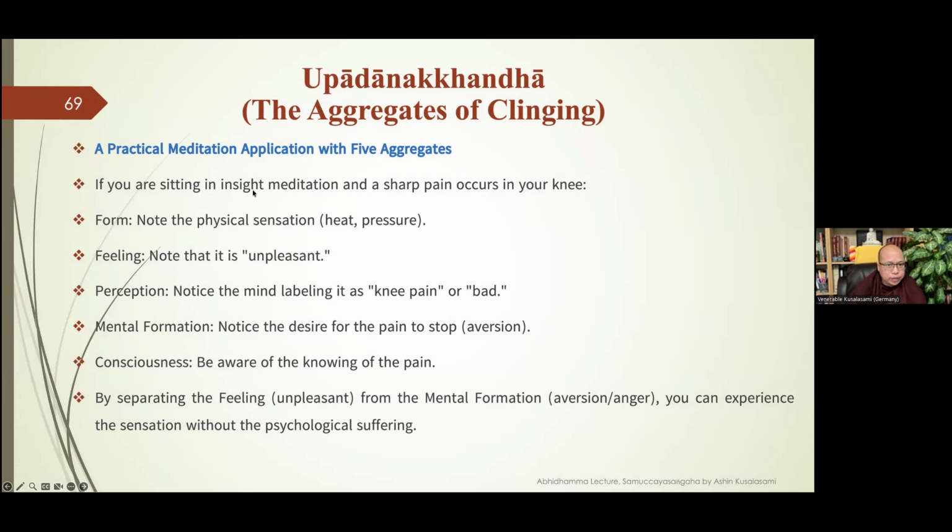I won't tell you in detail because when you read, you will know that. If you are sitting in insight meditation, not samatha meditation, and a sharp pain occurs in your knee, for example, the form, materiality: note the physical sensation, heat or pressure. When you have a pain, there is heat and pressure, that is rupa khandha. And feeling, vedana khandha: note that it is unpleasant.